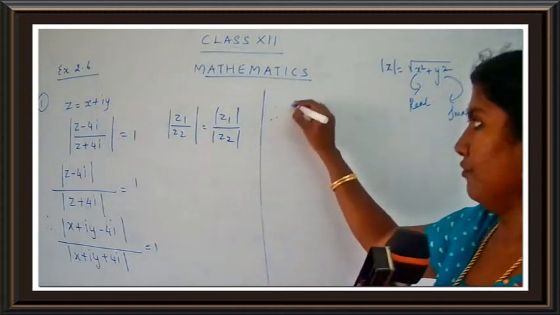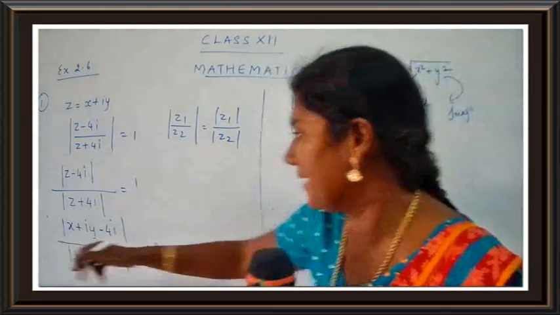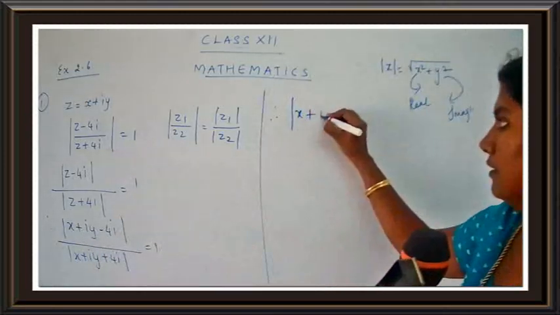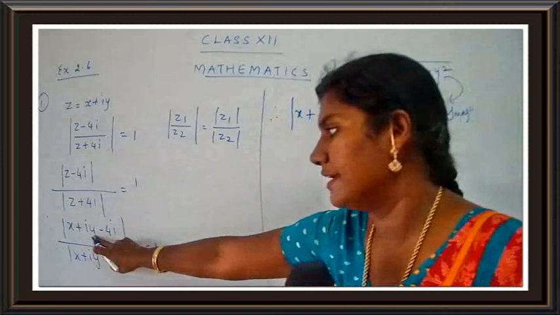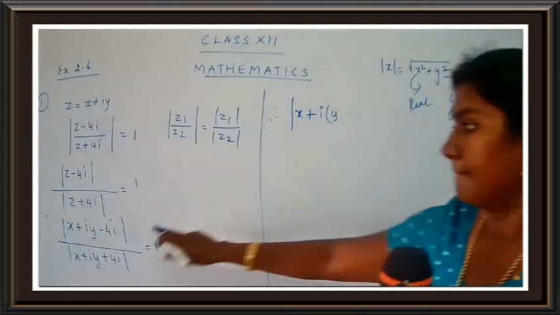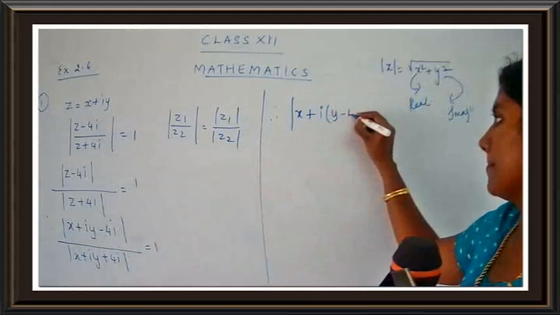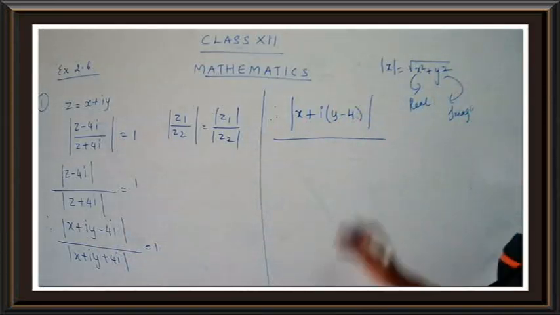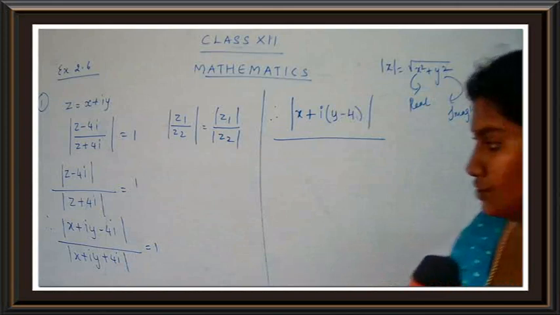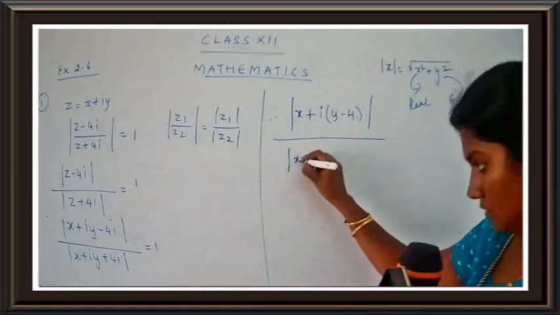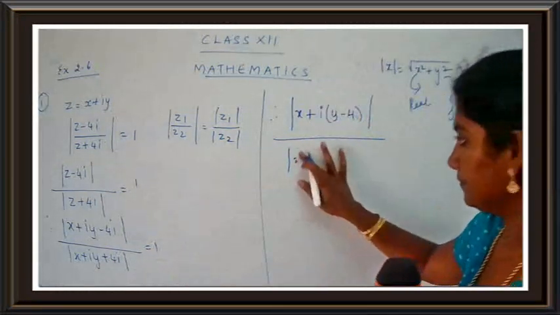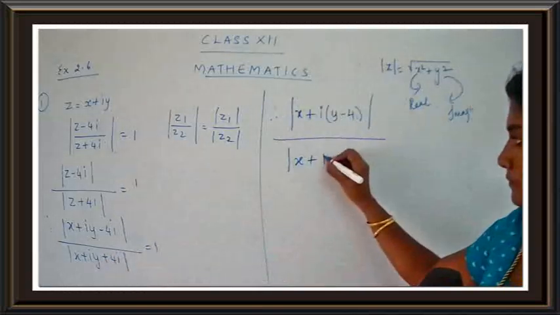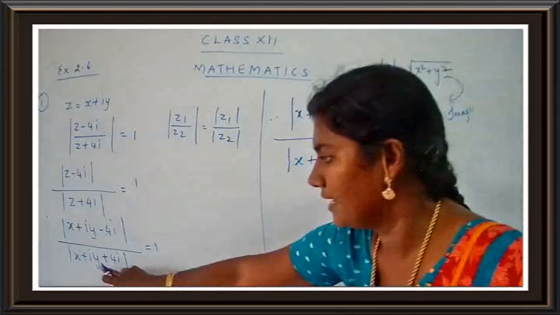So I'll get, therefore, x is a real part, so I'll keep x alone, plus I'll take the imaginary part, I common, what is left here? y, minus 4, upon. Again split the real part and the imaginary part, so x I'll keep as it is, plus i, what is left here? y, and what is left here? 4.